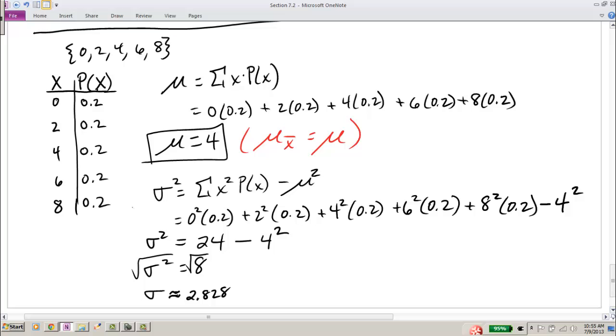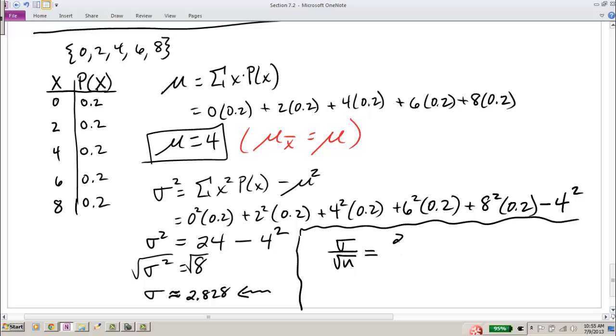So now let's compare this value. Remember the formula that we were introduced to on the previous page about finding sigma sub x bar said it would be equal to sigma over root n. So let's figure out what sigma over root n is, and let's compare it to what we got above. So the sigma we found, our population standard deviation, is right here, the 2.828, over the square root of n, and that's the size of the samples in our sampling distribution.